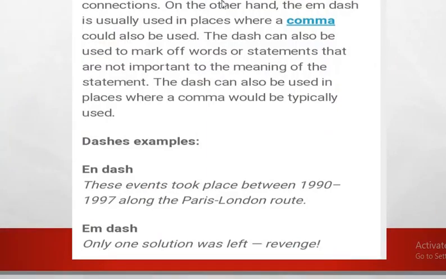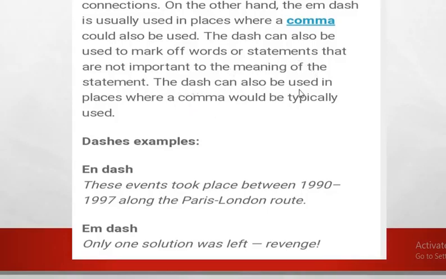The en dash often shows range or connections. On the other hand, the em dash is usually used in places where a comma could also be used. The dash can also be used to mark off words or statements that are not important to the meaning of the statement.